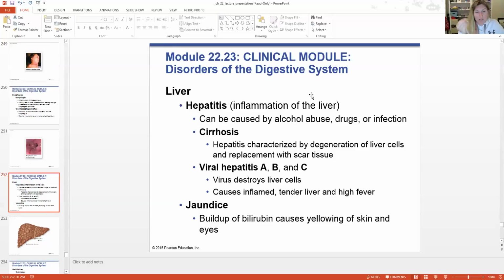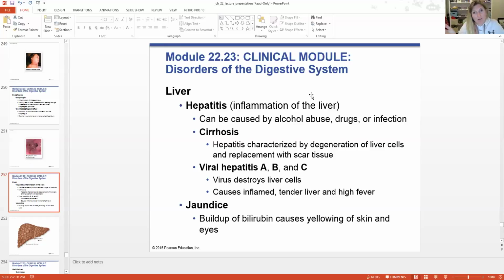So if you can imagine, the bile is secreted into the duodenum, it emulsifies the lipids, and then it just continues on in the digestive tract, all this bile. So at some point, that bile is reabsorbed back into the blood, right? This mostly happens in the distal ileum, as well as part of the large intestine.